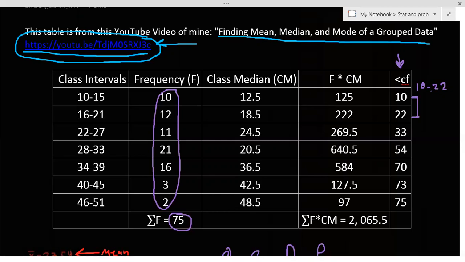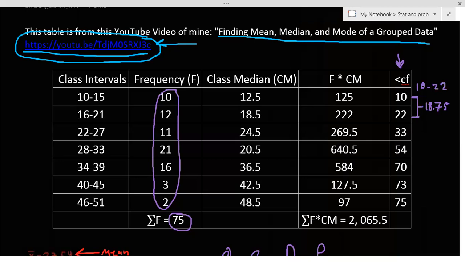Basta, from 10 to 22 lang siya. So that means pwede dito si 18.75. So ngayon, nakuha natin yung dalawang numbers that act as a range na kung saan pwede natin malocate dyan si 18.75 in between them.